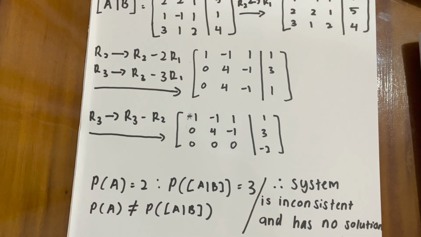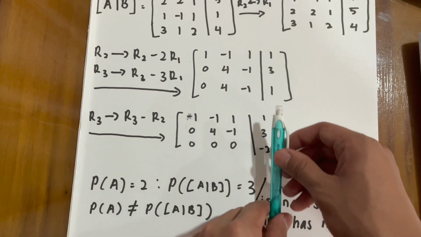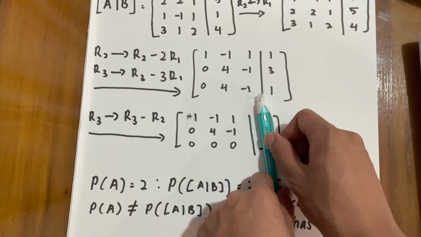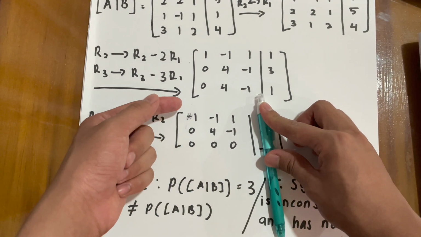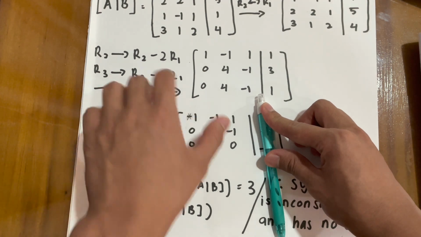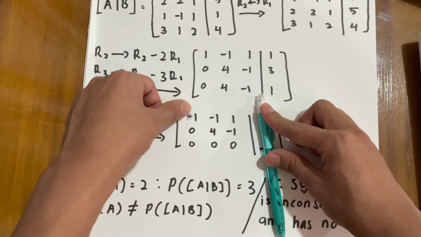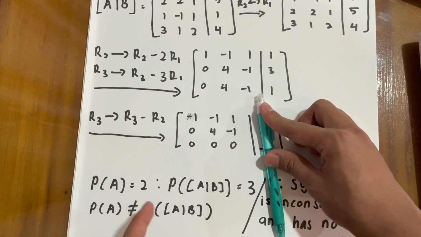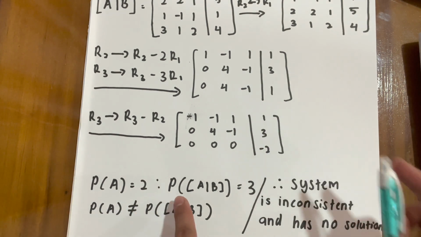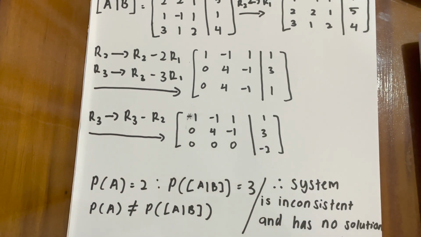So next is to find the rank of A. How you find the rank of A is by closing off this fourth column and counting the non-zero rows in here: 1 and 2. Only 2. So 2. So the next is to find the rank of the augmented matrix.